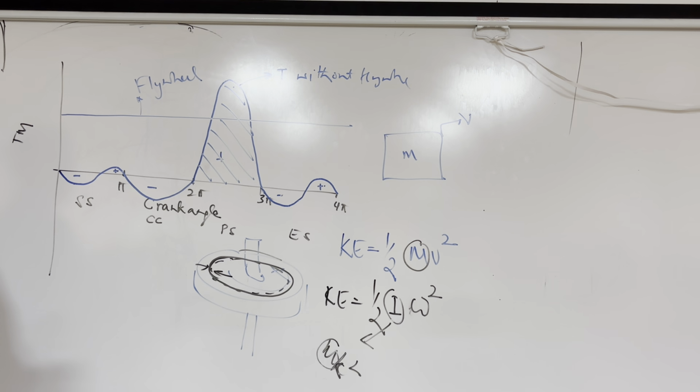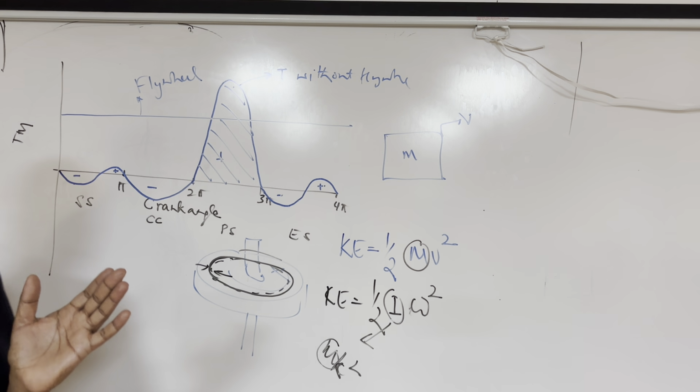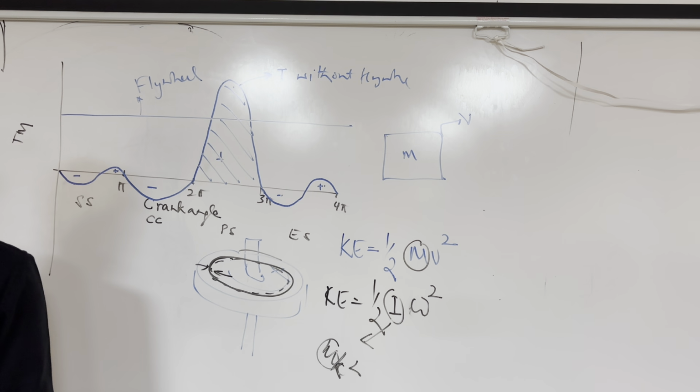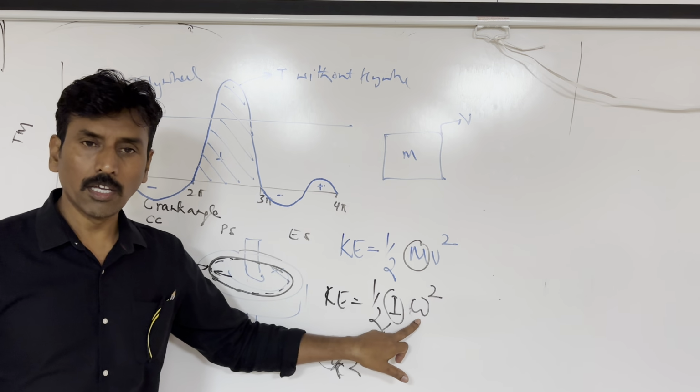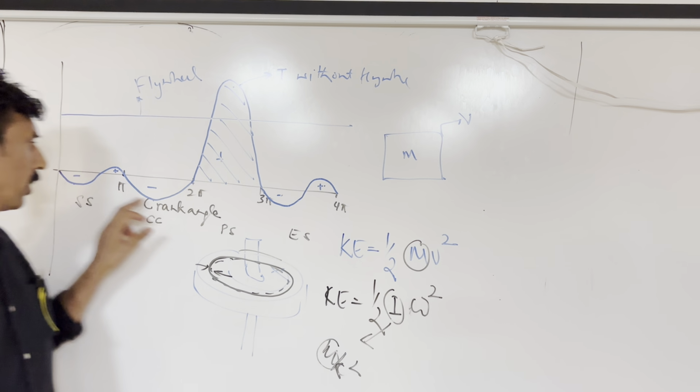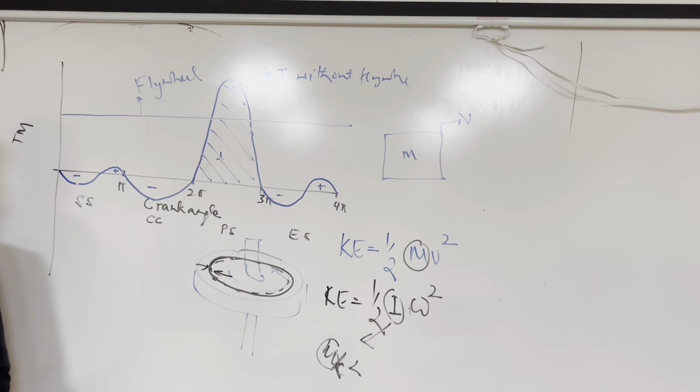Usually you need a flywheel for a slow speed engine. If you are from a village background, you might have seen water pumps running on diesel. Those run very slowly. Those usually have a very huge flywheel because the angular velocities are low, so the kinetic energy stored in them is less. If some amount of energy is taken out, the engine may stall.